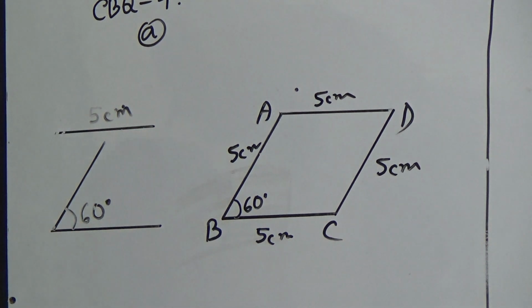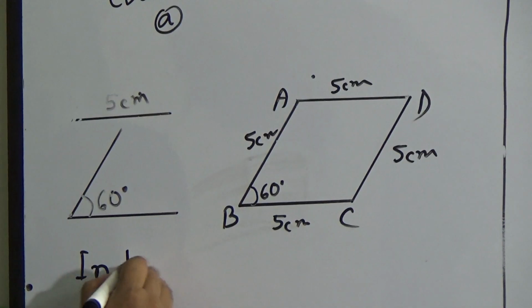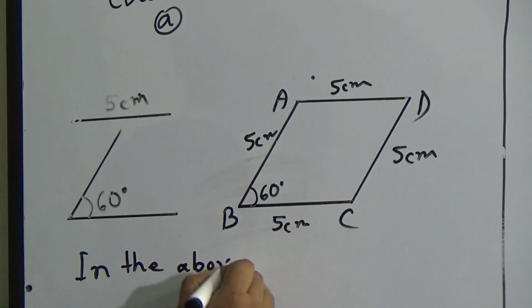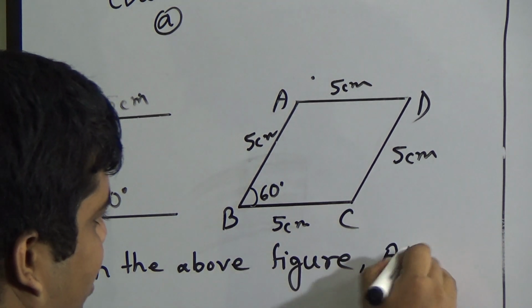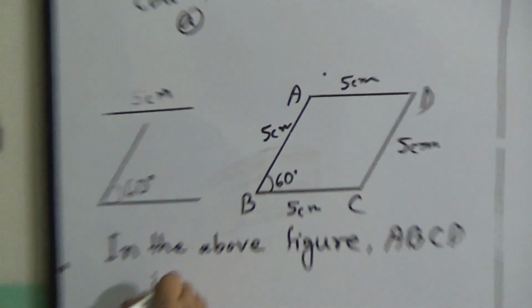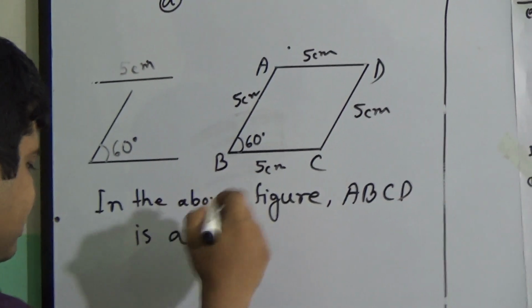My dear students, this is the figure, and here I write above the figure: A, B, C, D is a rhombus.